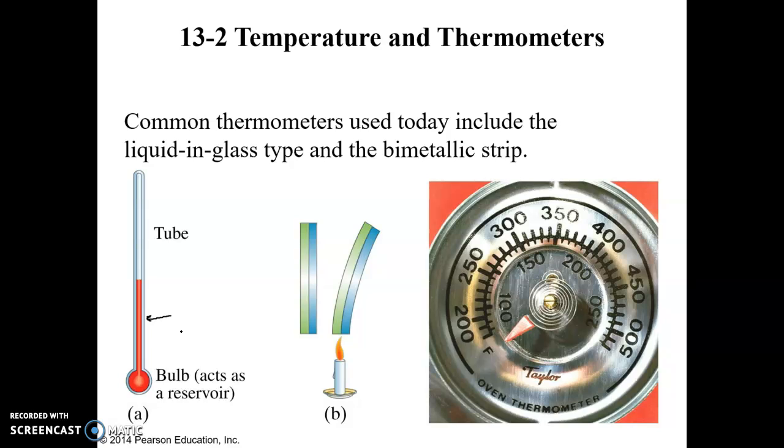Today it's more likely colored alcohol, and again, as the temperature increases, the fluid expands, and as the fluid expands, it rises up the tube, and the tube is calibrated with marks along the side to measure the temperature. As it gets colder, the molecules get closer together, it becomes more dense, the fluid contracts and lowers, and again you just read the marking along the side of the tube.